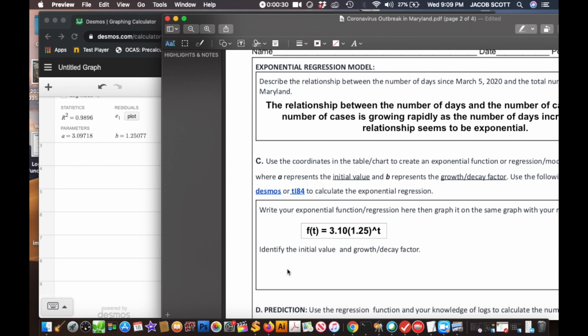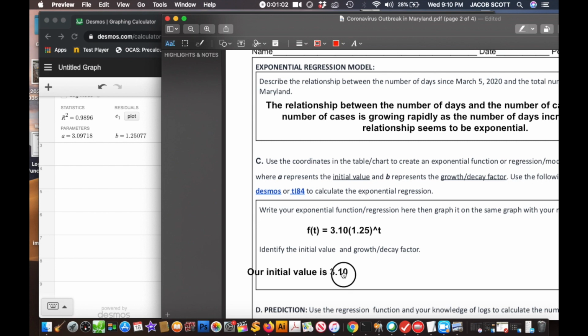Identify the initial value and the growth rate. Well, what is my initial value? Well, my initial value is how much we started out with. That is A. A represents the initial value, and B represents the growth rate. So our initial value is 3.10.